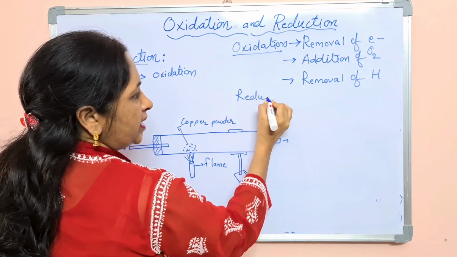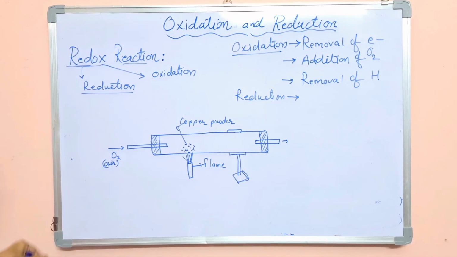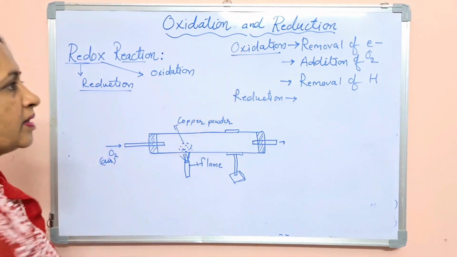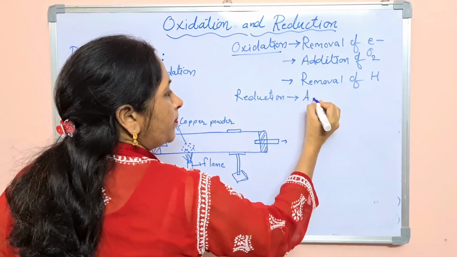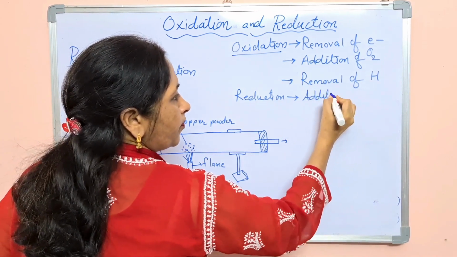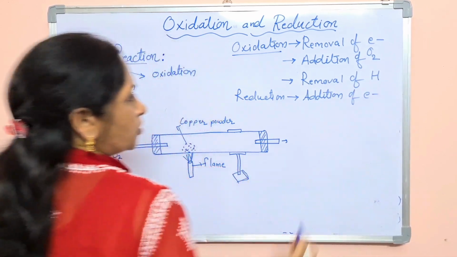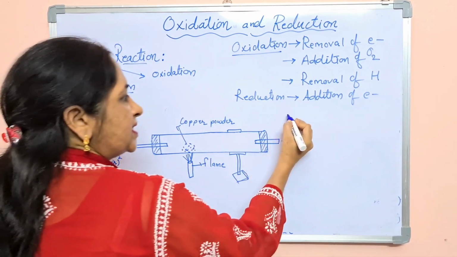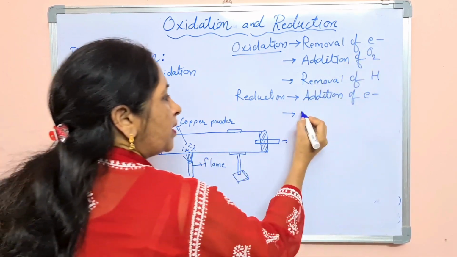Reduction is very easy to learn, as all the definitions are just the opposite of oxidation. Oxidation is removal of electron, so here it will be addition of electron. Second, addition of oxygen, so what will come here?